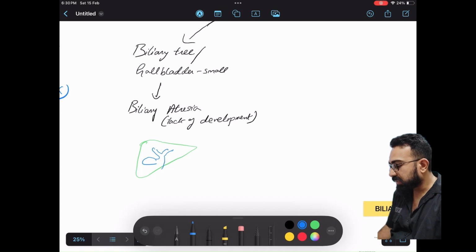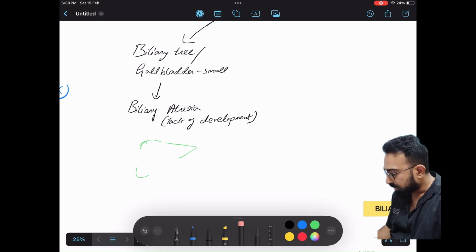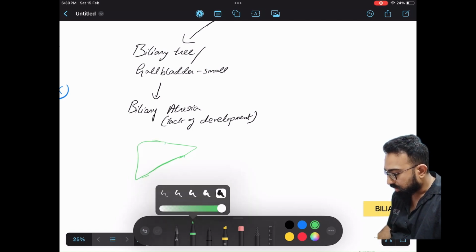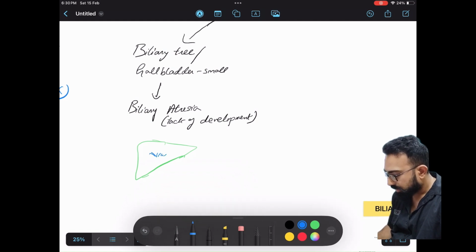What has happened in this condition is that if this is the liver, this was supposed to be your biliary tree, and it has not properly developed. It is rudimentary, like this, very small.